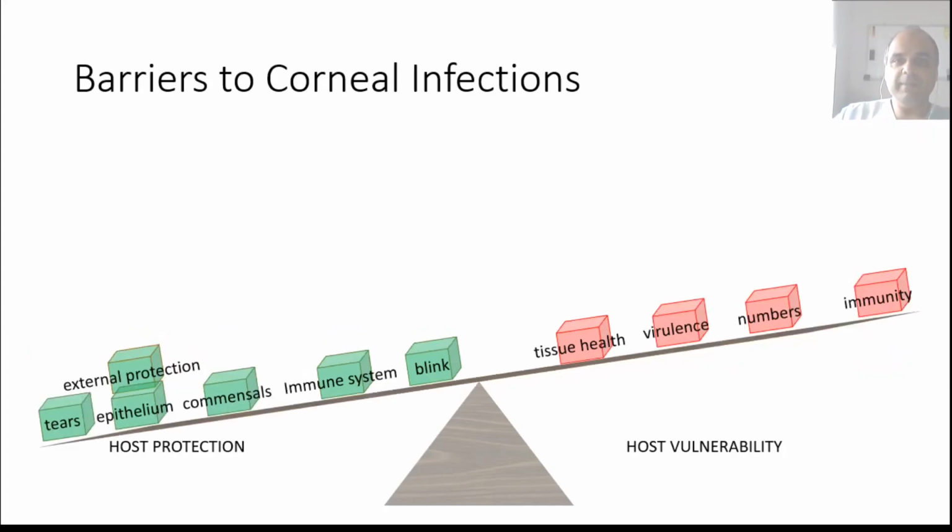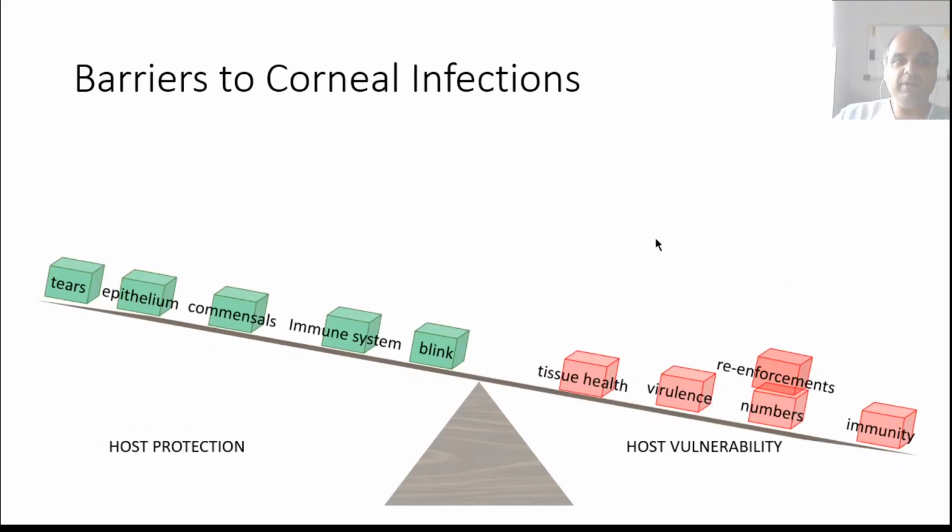So it's a very fine balance. If you get external protection and you have a corneal infection, then you might save the tissue. However, if the organism is able to replicate and establish itself, then the tissue might be lost. And we'll see both of these pathways as we talk about infectious keratitis.